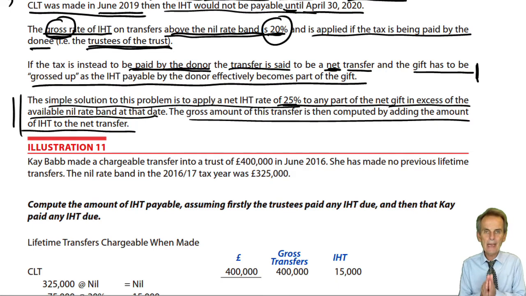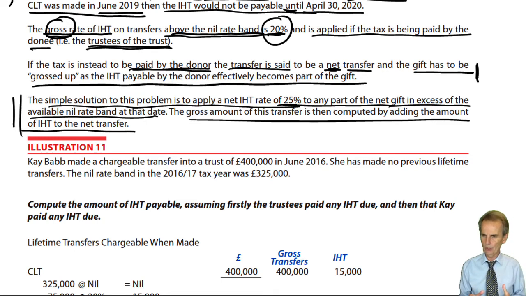Now, if I make a transfer into a discretionary trust, or whatever other name the trust may be given, but into a trust, don't worry about the word discretionary. If I make a transfer into a trust there, then if it is cash, whatever cash it is, 100,000, 200,000, 300,000, 400,000 pounds, that is a diminution in the value of my estate. Whatever cash I put into the trust's bank account there.